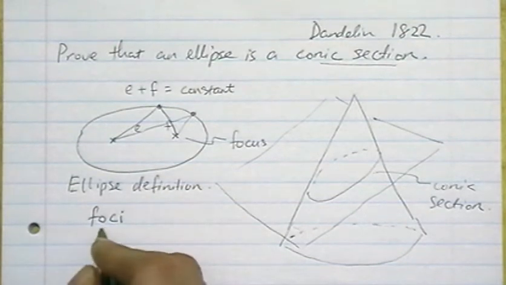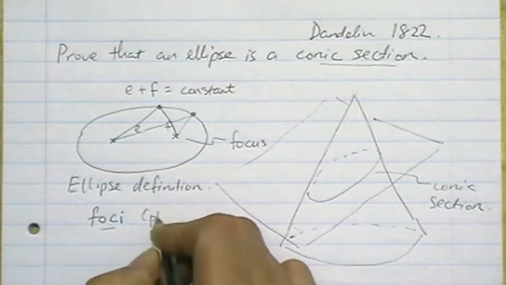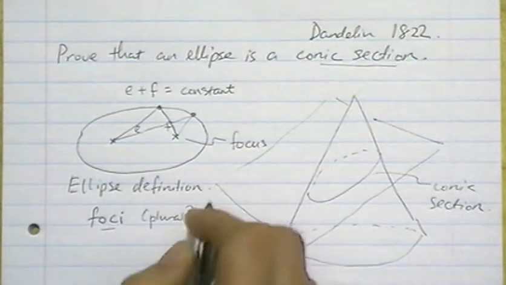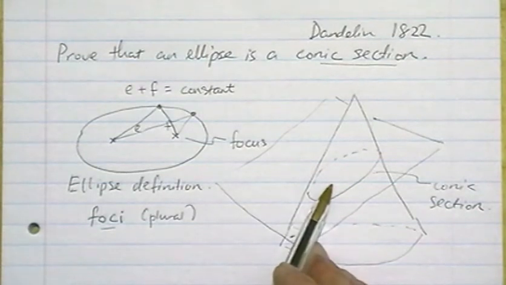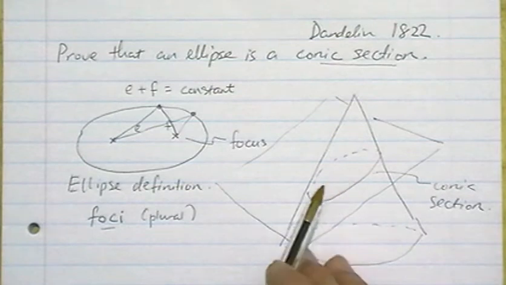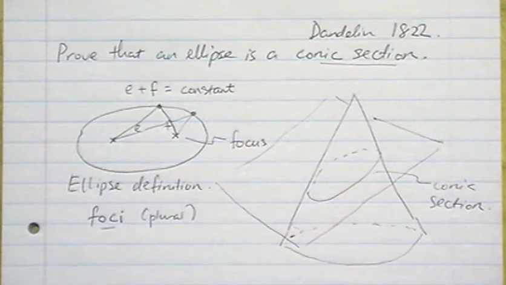This is the plural for focus. So we need to find 2 such points, and we need to show that distances from those 2 points to a point on the loop will always add to the same number.